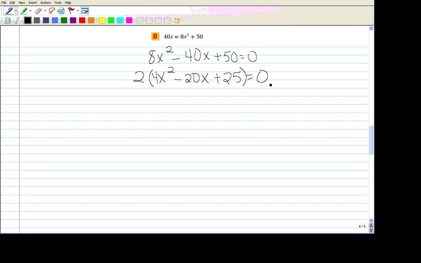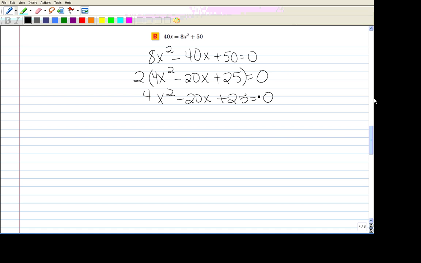And right now I can go ahead and divide both sides by 2 to get rid of that 2 in the front. So I'll get 4x squared minus 20x plus 25 equals 0. And now you can choose a method to factor this. We learned how to factor by grouping, the box method, or the slip and slide.